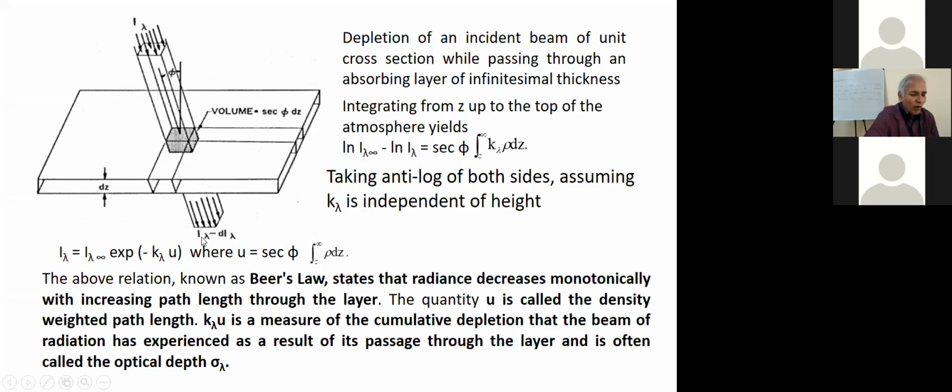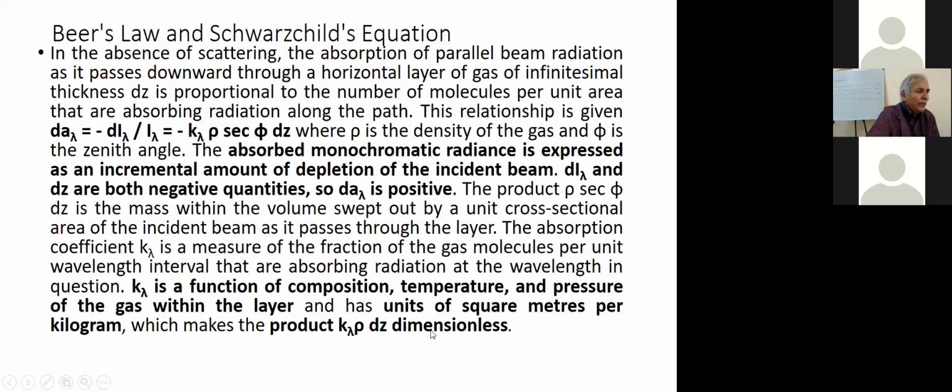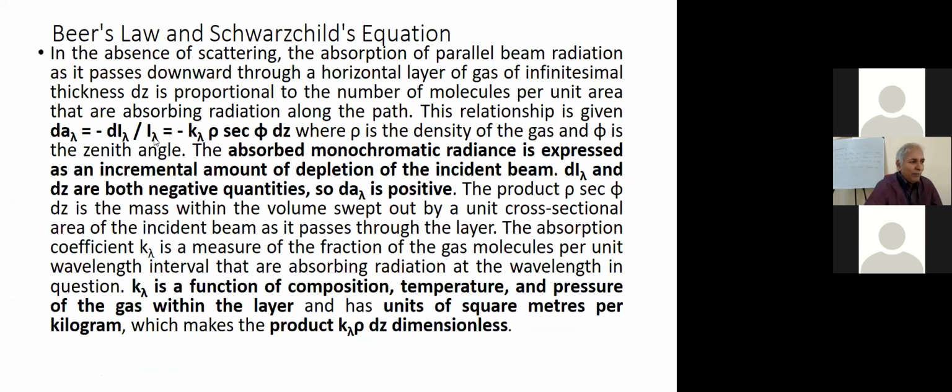All Beer's law tells us very simply is that the amount by which the incident radiation is reduced, which is dI lambda divided by the incident radiation I lambda, is proportional to the number of molecules per unit area that are absorbing the radiation along its path. So it will depend on the height: the more the thickness dz, the more would be the absorption. It would also depend on the zenith angle phi.